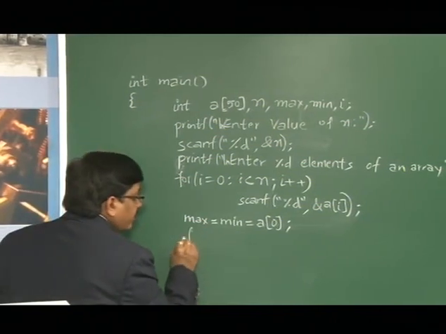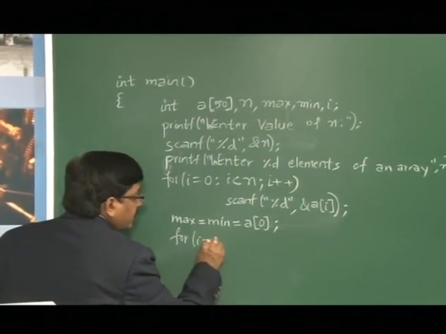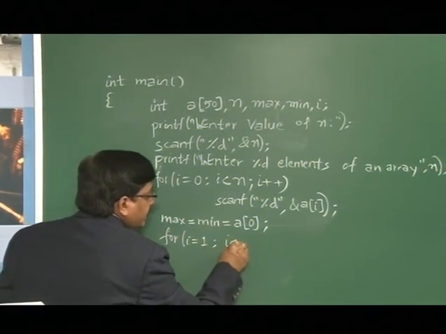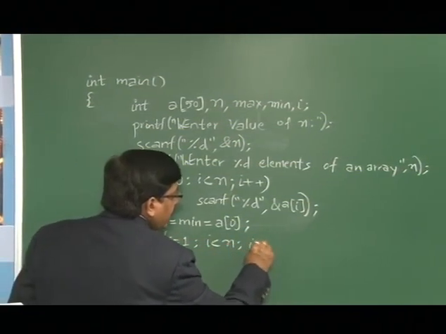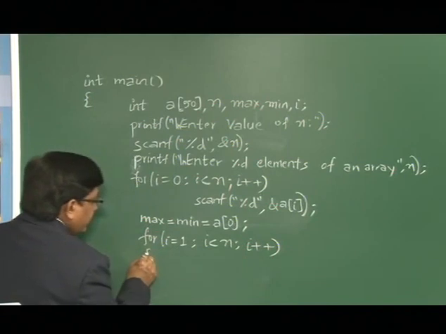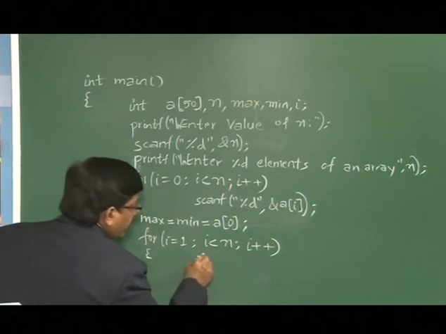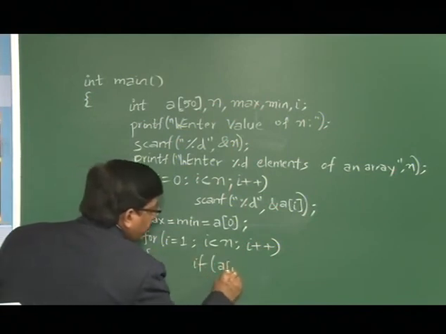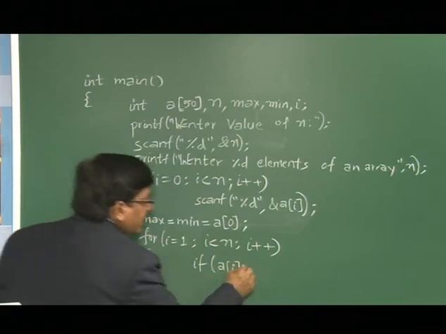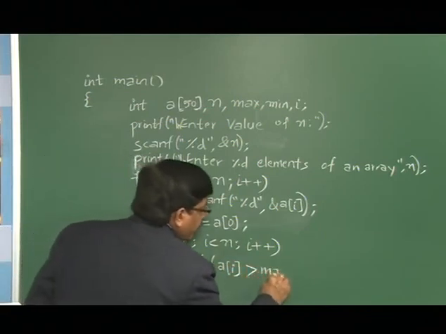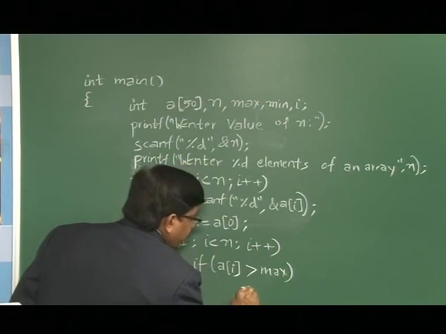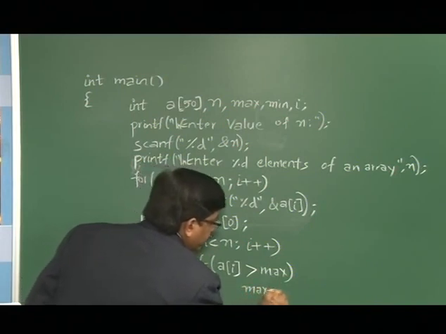For the rest of the elements, for I is equal to 1 and I less than n, I plus plus. In this loop I need to compare. If a of I, that is the next element, is greater than the assumed max value, then I should change the max value as a of I.